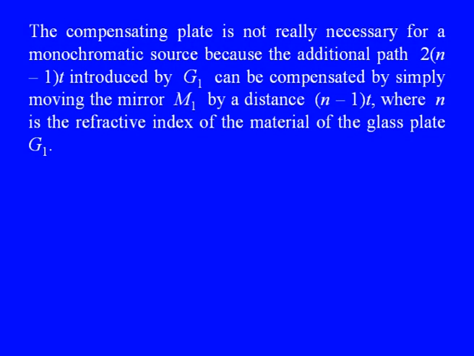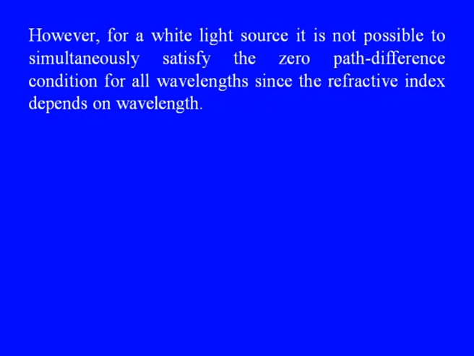It can be easily compensated by simply moving the mirror, no problem, by this much of distance, n minus 1 into T, where the difficulty is for a white light source, it is not possible to simultaneously satisfy the zero path difference condition for all wavelengths, since the refractive index depends on wavelength.